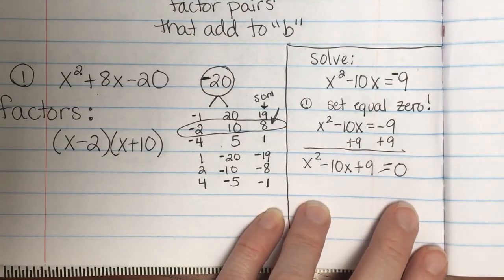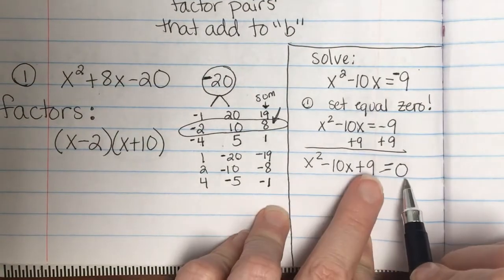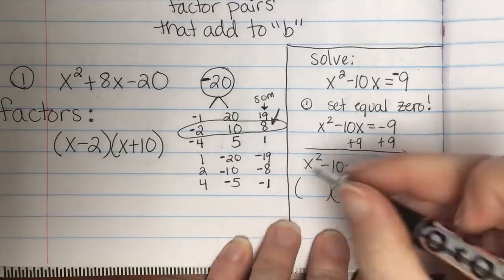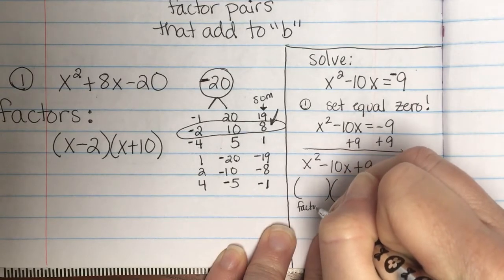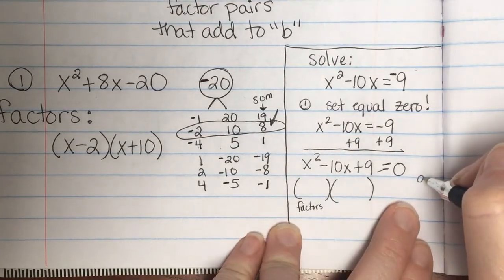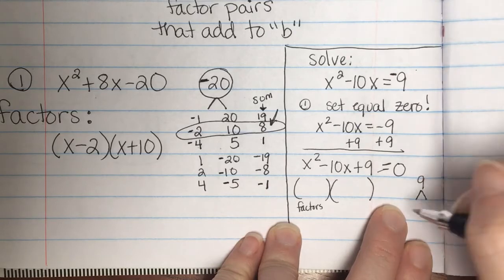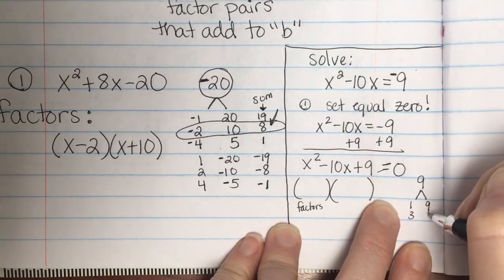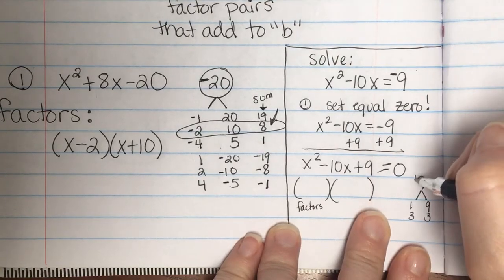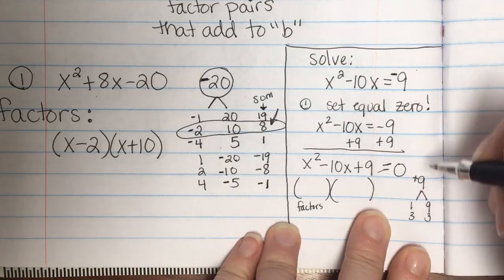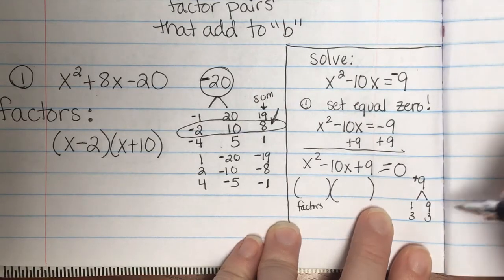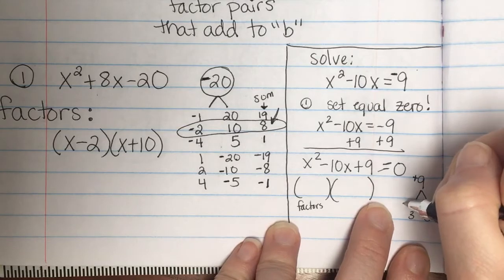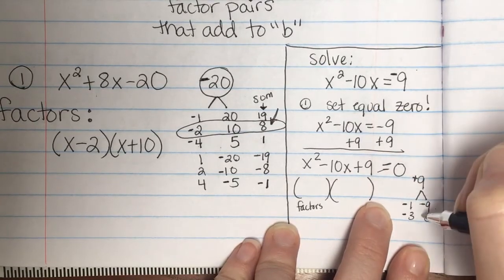There we go. So now it's set to 0, but it's not in factored form. So I need to get it to those factors. So we need to look at the factors of 9 and find which one adds to a negative 10. 1 times 9 or 3 times 3. Now how am I going to get a multiplying to a positive but adding to a negative? 2 positives don't add up to a negative 10, but 2 negatives add up to a negative 10.